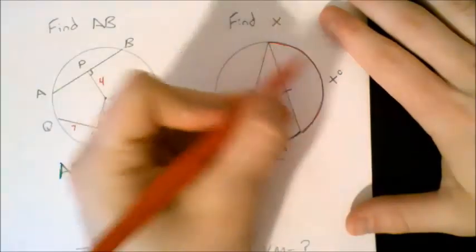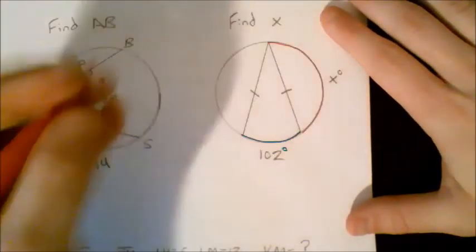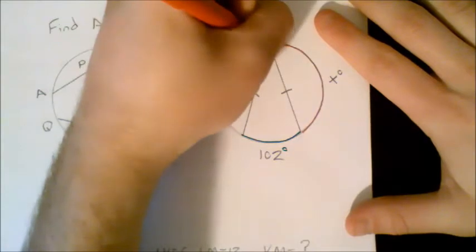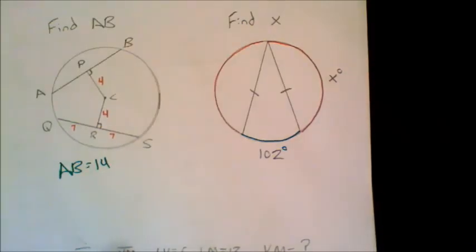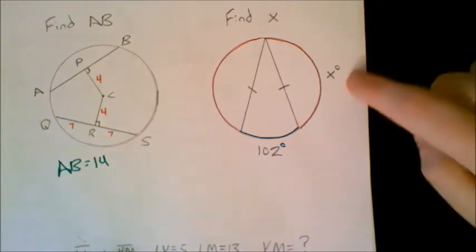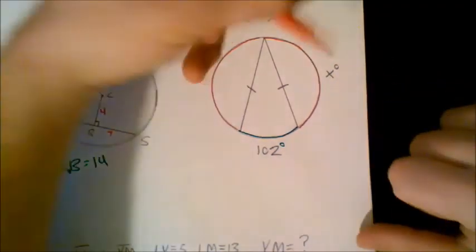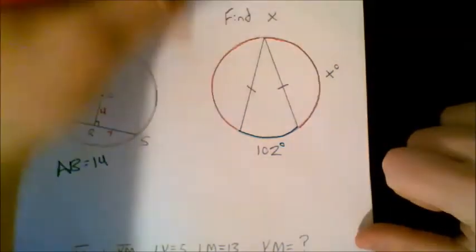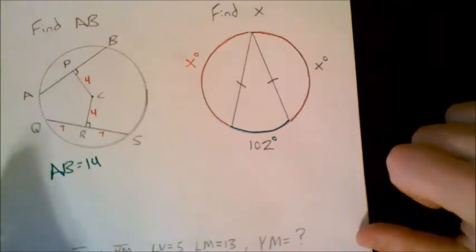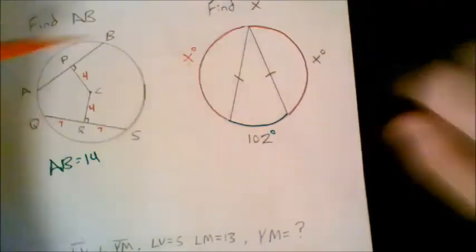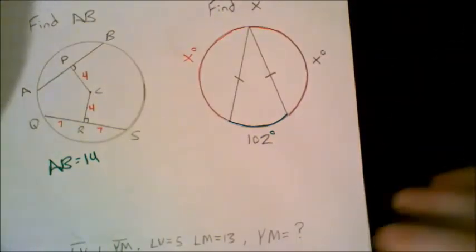So we know the arc on the right is congruent to the arc on the left. We don't know what they are just yet, but we know that this one is x degrees. Since the one on the right is x degrees, the one on the left must also be x degrees. And using these three things, we can make an algebraic expression.